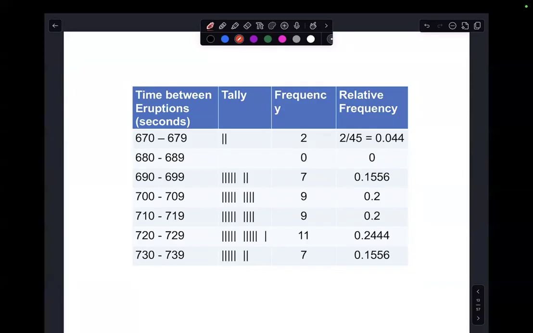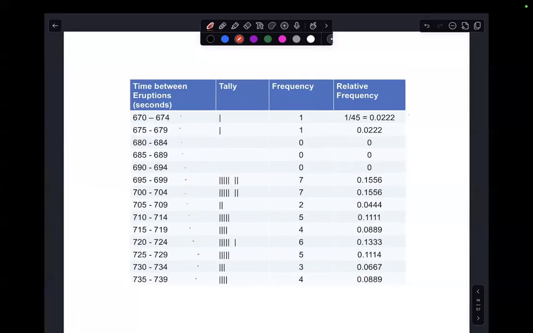This one right here, it's going to be somewhat meaningful, but it's not going to be visually appealing. I mean, it'll be pretty meaningful, but it's so spread out. I don't think we need to go down to 5 seconds. I feel like 10 seconds is good enough to look at how frequently the distance between the eruptions.